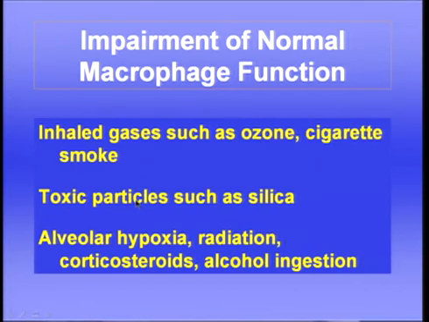The macrophages are very effective at phagocytosing matter that should not be there, but sometimes that material is toxic, and that's the case with silica. Silicosis is a disease which occurs in people who work with silicon dust, with sandblasting.